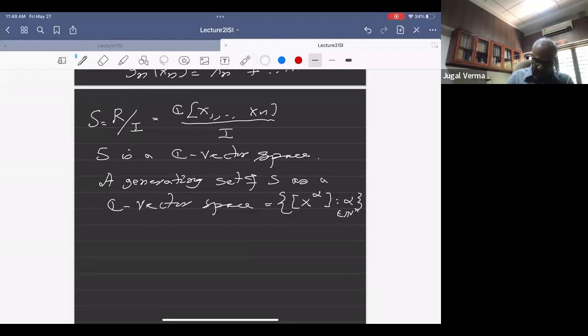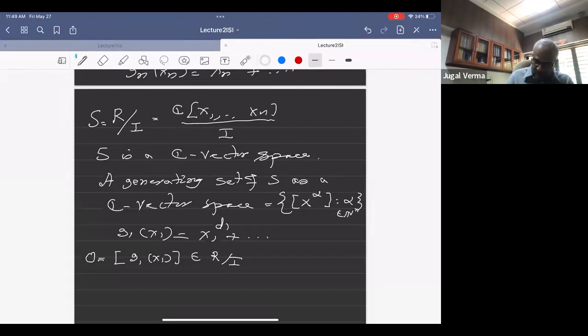But since the ideal I contains, let us say, g1, this g1(x1) is x1^d1 plus lower degree terms. So therefore, when I take the residue class in R mod I, it is 0 because g(x1) belongs to I.